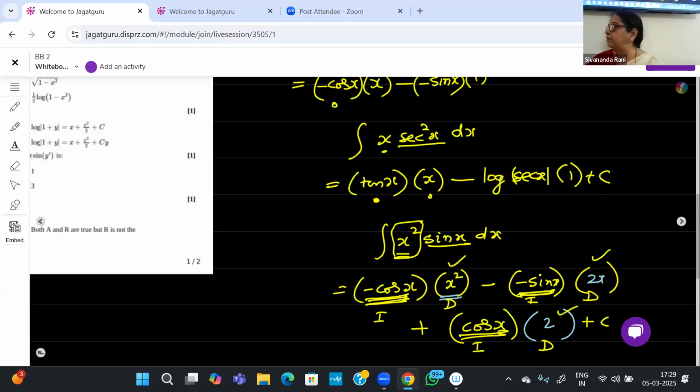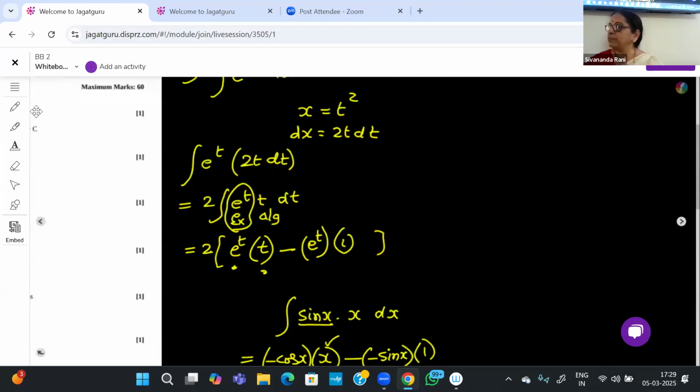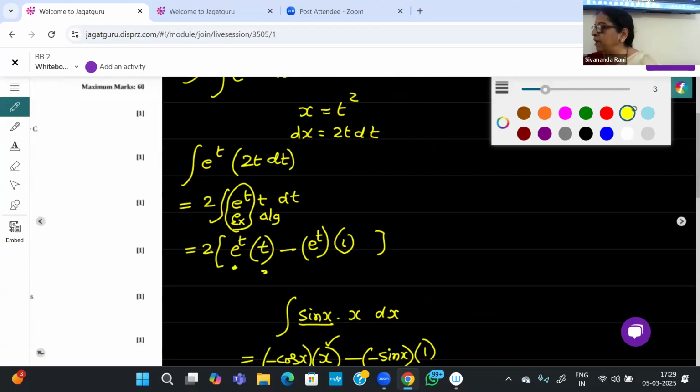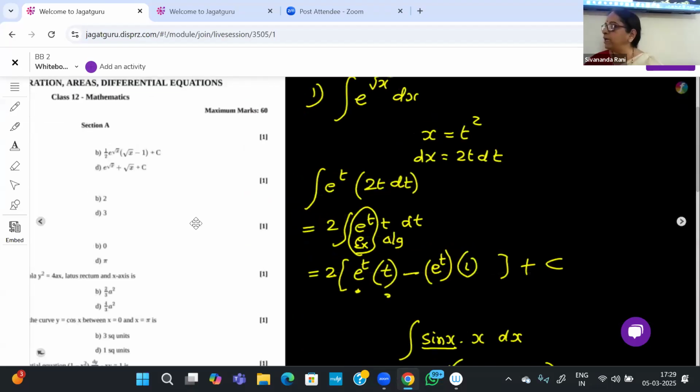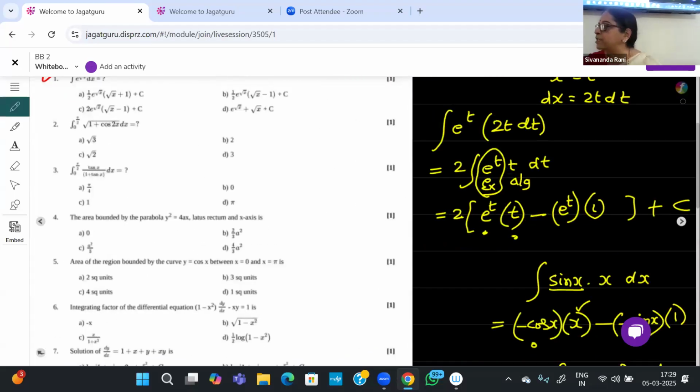After that, it gets closed. So I think that's what we have used here, plus C. And then you can substitute back. If you substitute back for t as root x, C seems to be the option.